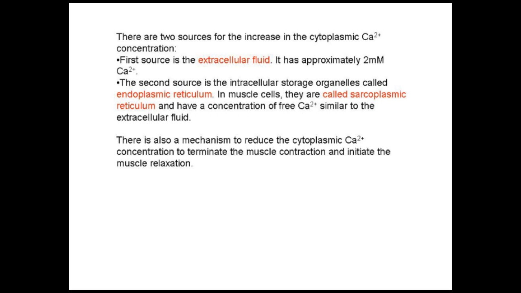So the calcium inside these organelles is quite high, in the millimolar range, similar to the concentration of the extracellular calcium. However, there must be another set of mechanisms that will decrease the calcium back to resting levels in order to stop the contraction and initiate the relaxation.